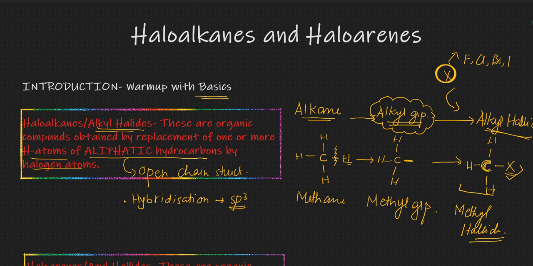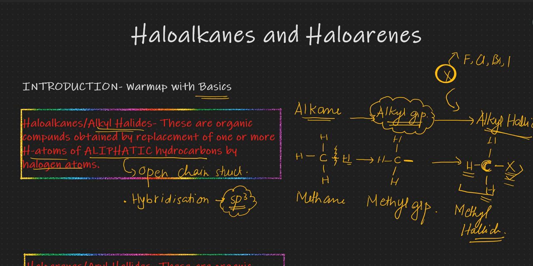In this case, it is attached to 3 hydrogen atoms and a halogen atom. If it is attached to two atoms, it is sp hybridized. If it is attached to 3, it is sp2 hybridized, and if it is attached to 4 atoms, it is sp3 hybridized. So as you can see, this carbon is attached to 3 hydrogen atoms and 1 halogen atom, so this is an sp3 hybridized carbon atom.